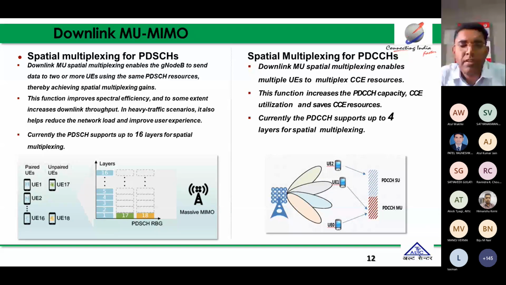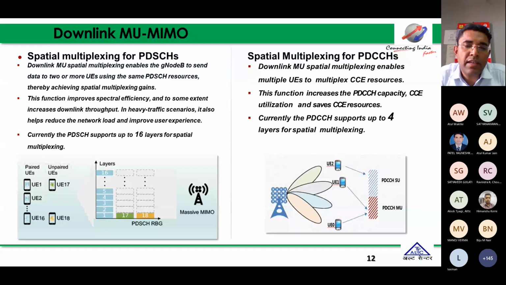For user data, the resource allocation is in terms of resource blocks (RB) and resource block groups (RBG). In the case of PDCCH, the resource allocation is in terms of resource element groups (REG) and CCE, control channel elements. Actually, these are groupings of resource elements, which all of you know. In the case of PDCCH it is the CCE, and for user data allocation it is the RB and RBG.